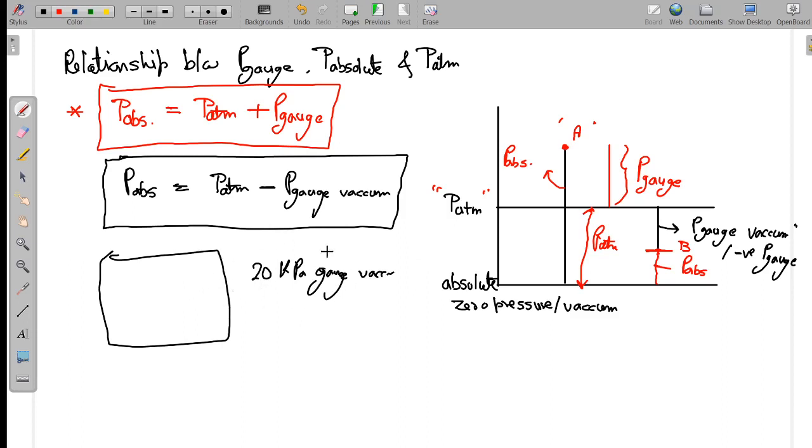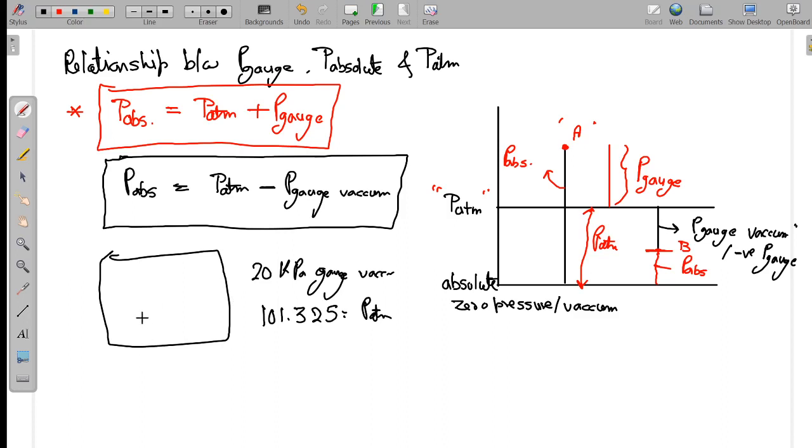Atmospheric pressure, I have already told you, is 101.325. This is the atmospheric pressure. So below this atmospheric pressure, by 20 kilopascal, is the pressure inside this container.